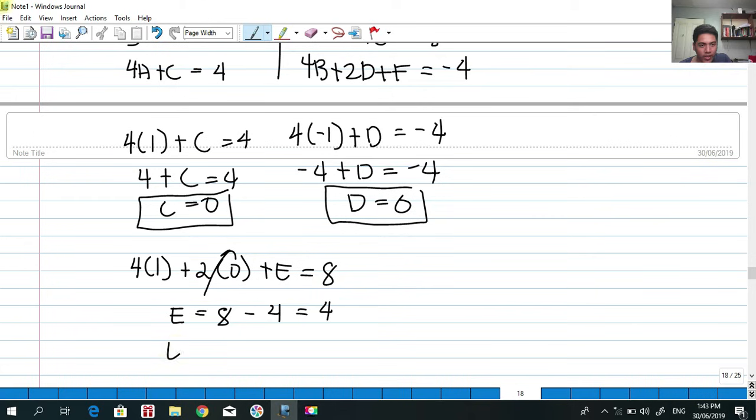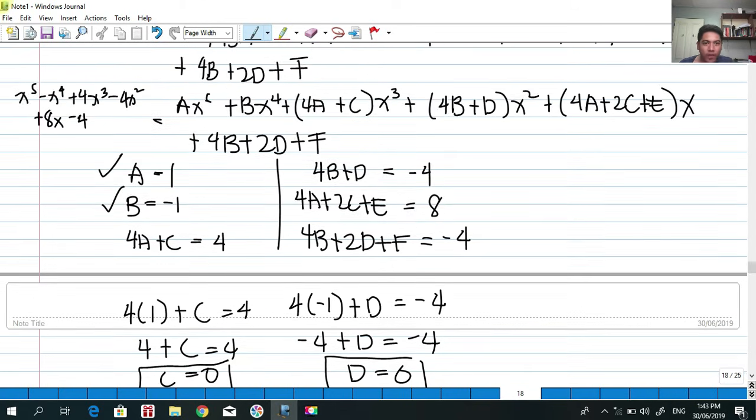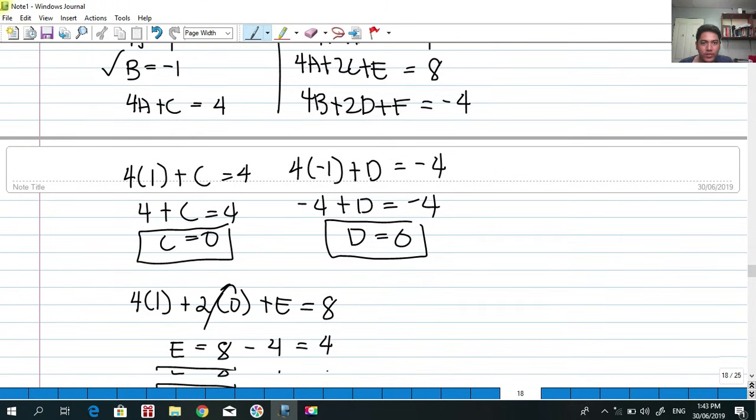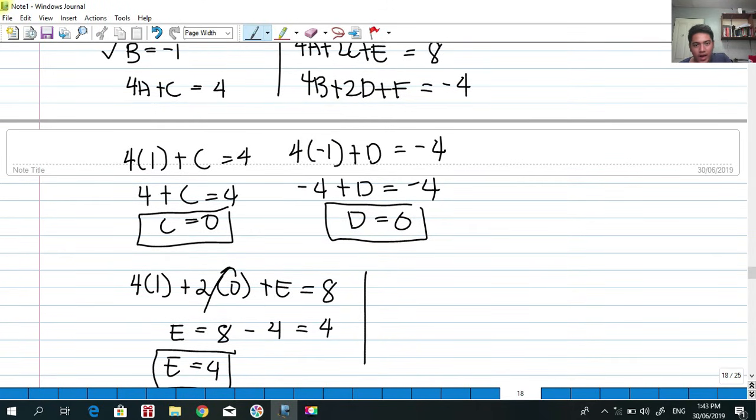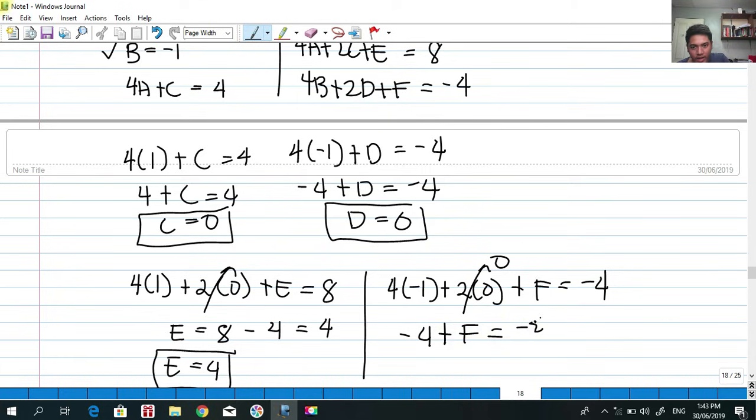How about the f? Again using the previous known values, we have 4b. 4b is negative 4, plus 2 times 0 plus f is equal to negative 4. So negative 4 plus f is equal to negative 4. And again, the value of our f here is equal to 0.